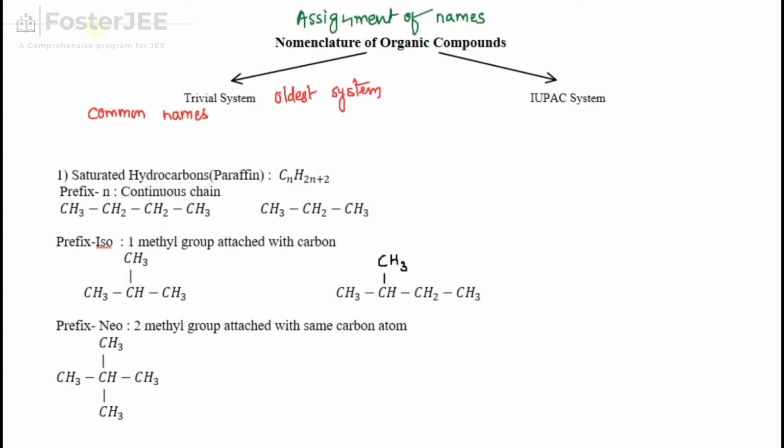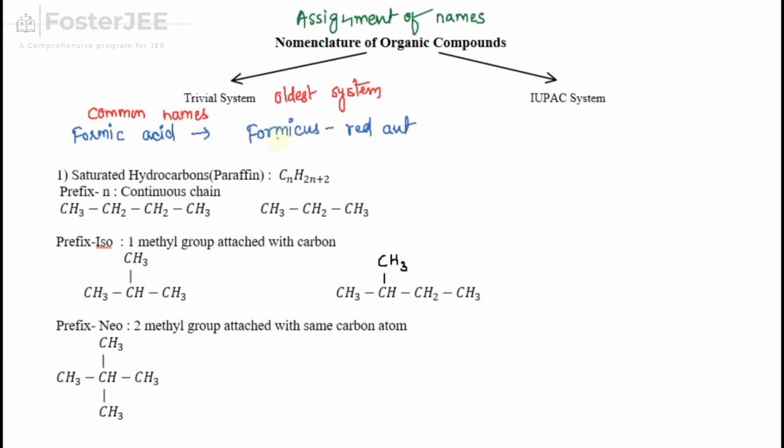For example, formic acid. Formic acid is derived from the Greek word formicus, which means red ants. So formic acid is obtained from red ants, and the Greek word for red ant is formicus.